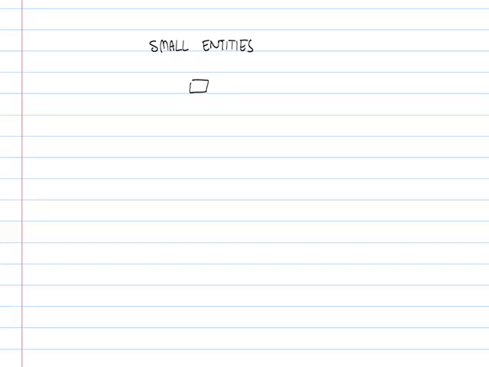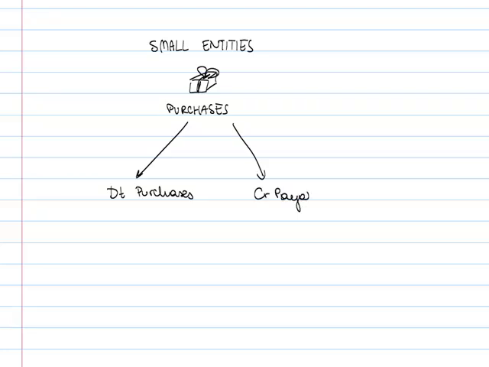Small entities will record all inventory purchases on the purchases account. So it will be debit purchases, credit payables.